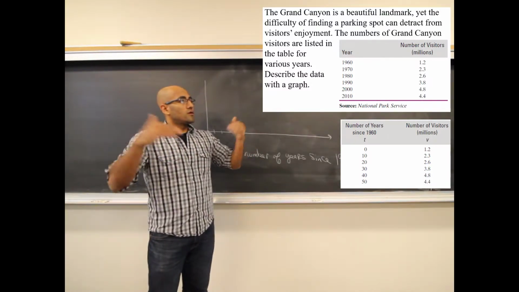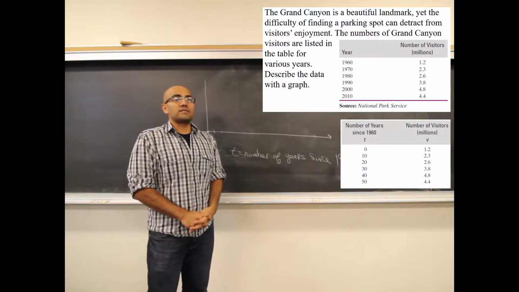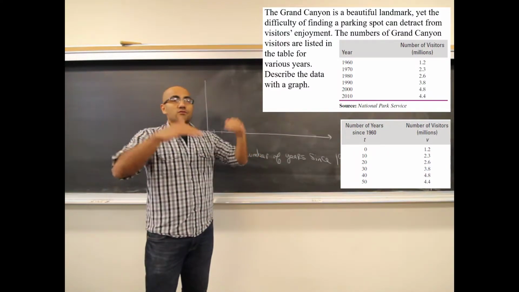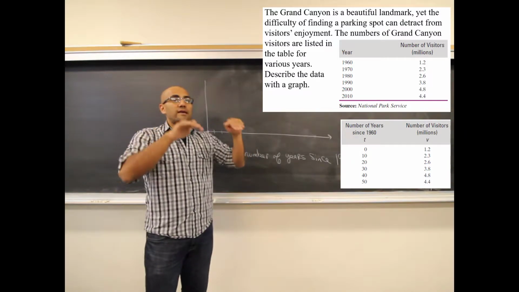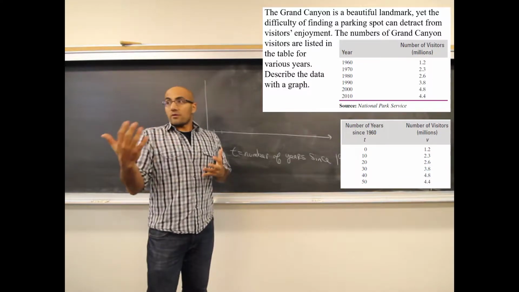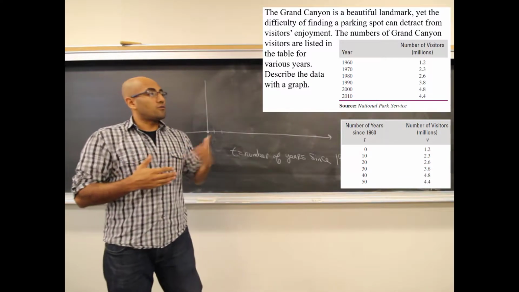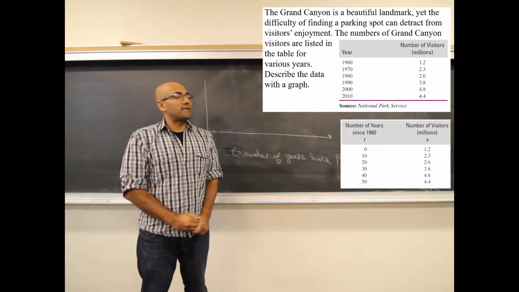What has improved dramatically since 1960 other than cars? Transportation-wise, what's really big now compared to 1960? Planes, right? Access to airplanes is a lot more common now, or in 2010, than it was in 1960.